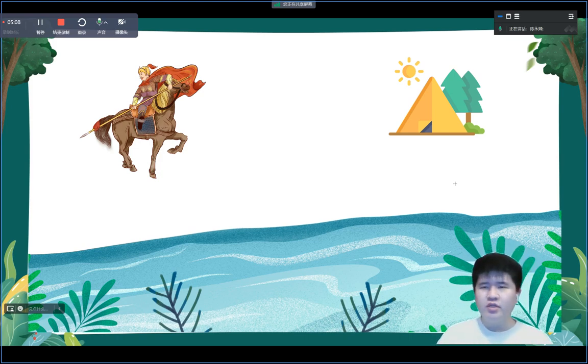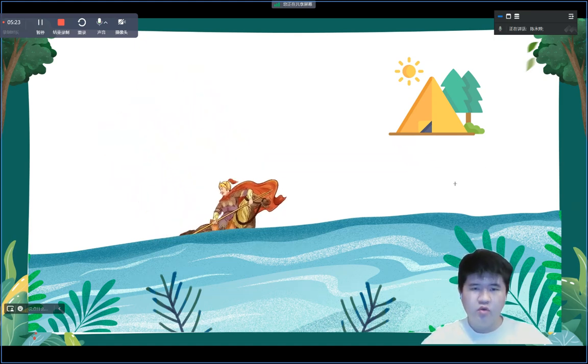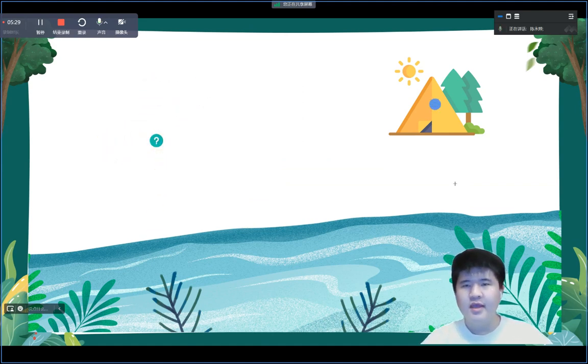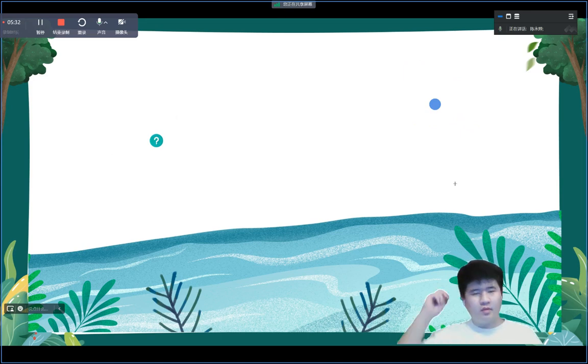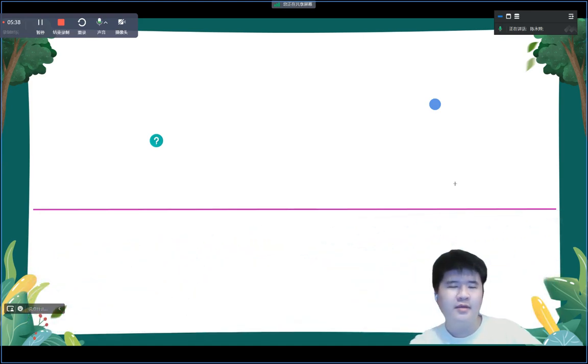For this question, it's just like a story. But how can we translate it into mathematical language? Here, we can treat the general and the camp as points, and we let the river become the line.